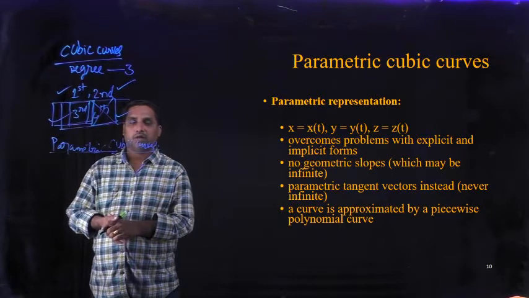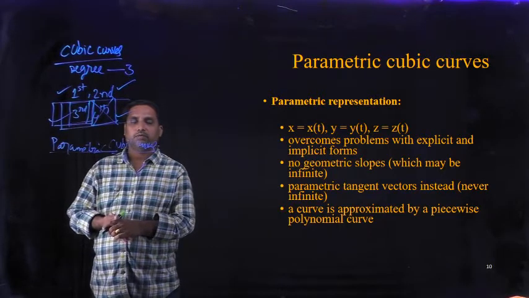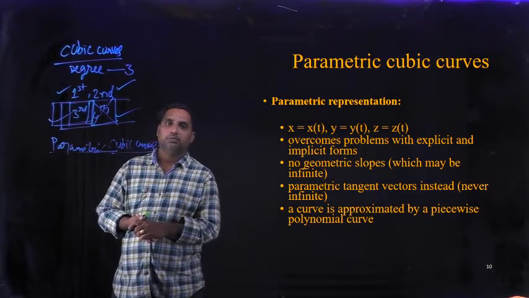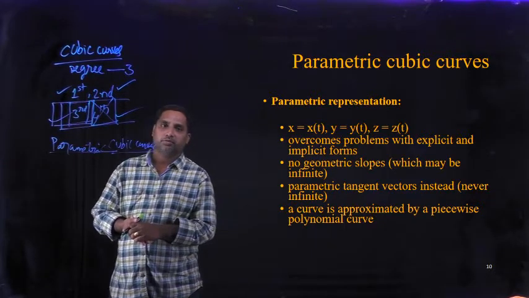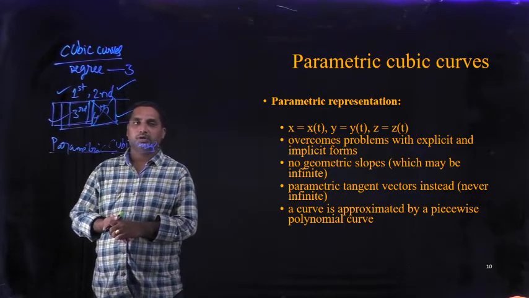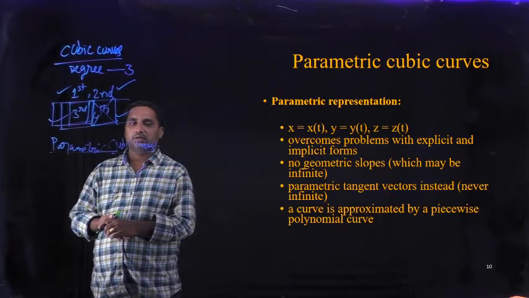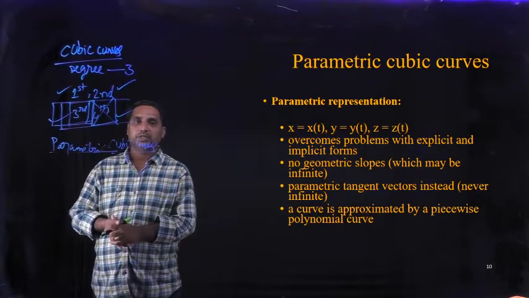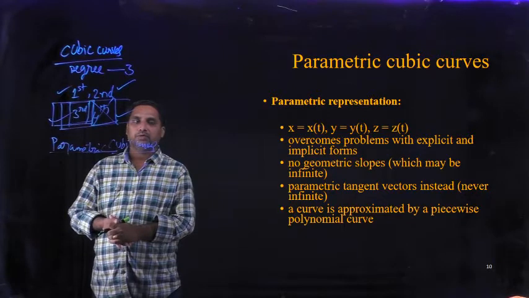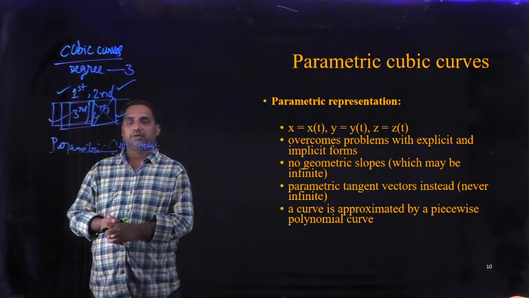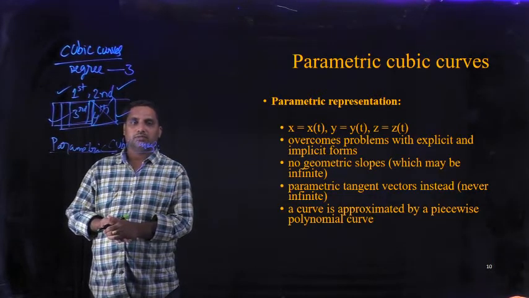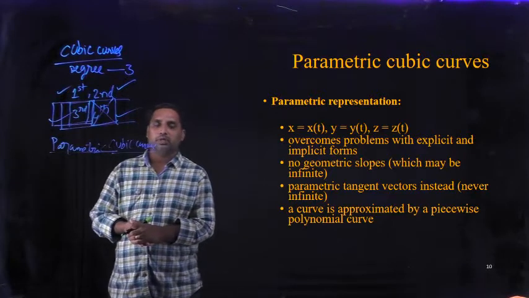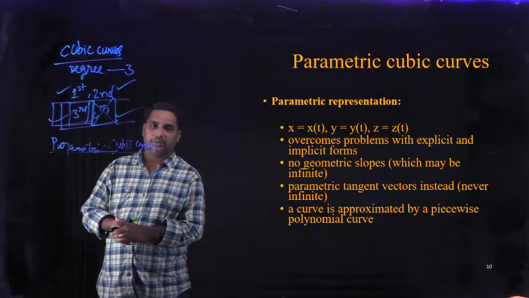We can eliminate the difficulty of representing the infinite slope curve, that is, the vertical tangent curve. At the same time, for single valued curves, for a single value of x there are two values of y that will come. That ambiguity problem we can eliminate by using parametric representation.